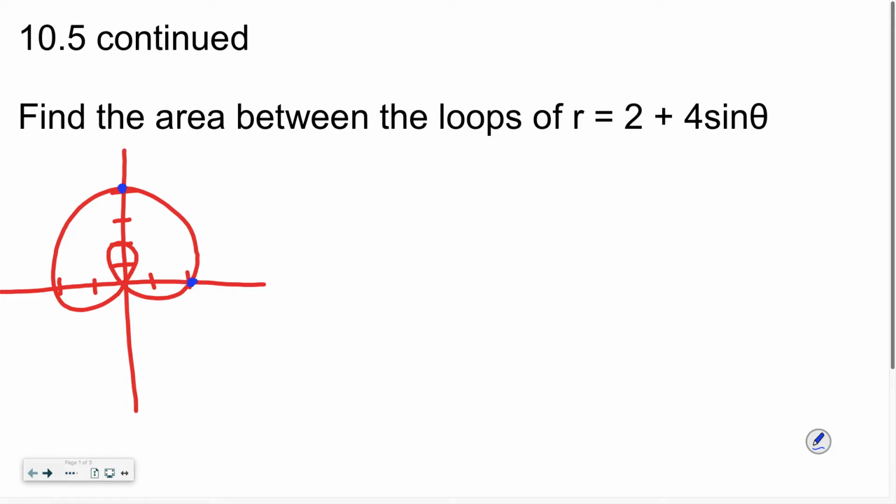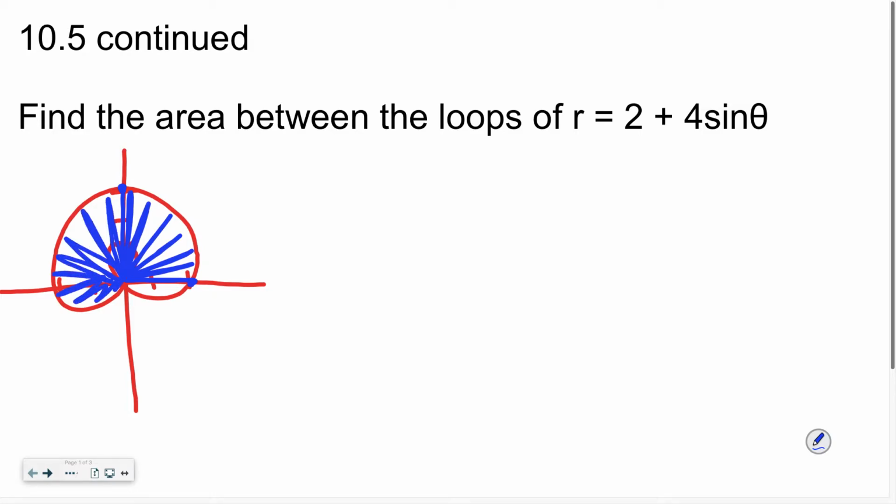So if we think about how I would begin to find the area from 0 to 2 pi, I would be finding area like this, right? No, this is 0, that's 0, pi over 2, pi, 3 pi over 2, pi. So if I find area, this is what I'm going to calculate.